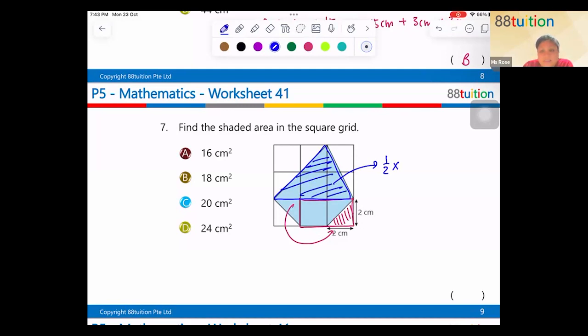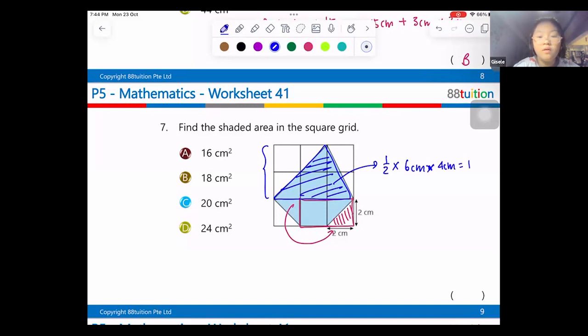What's the base? 6. Base is how much? 6. And the height will be here, right? 4. Thank you, to give me 12. Okay, thank you, Bella.